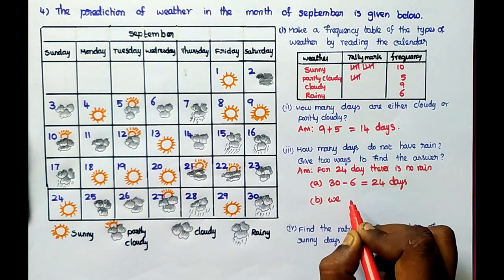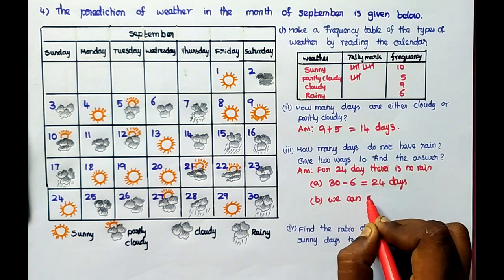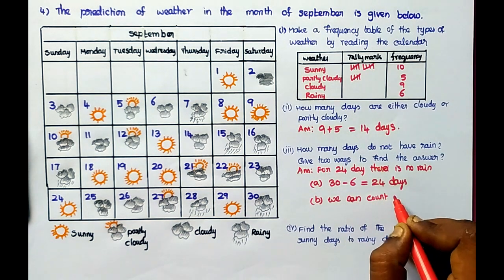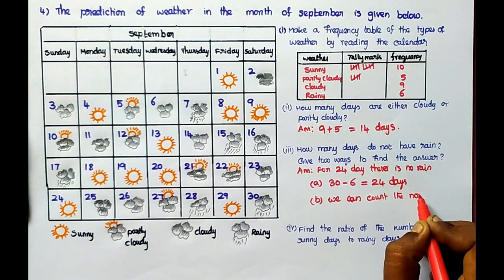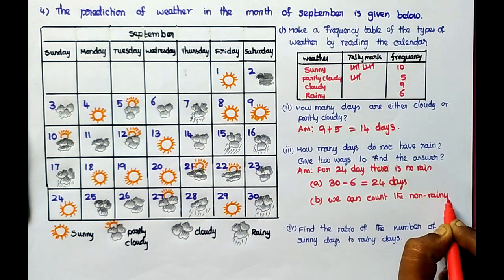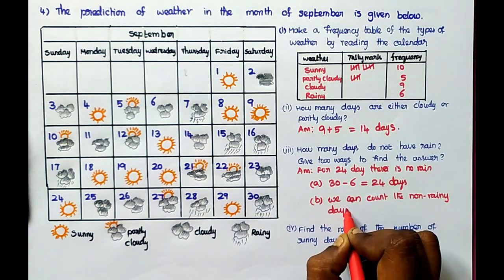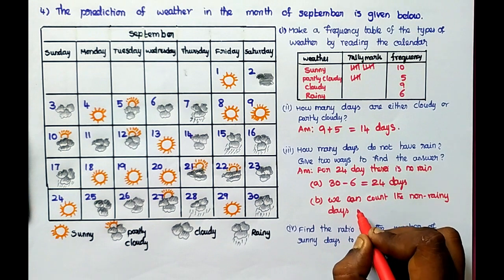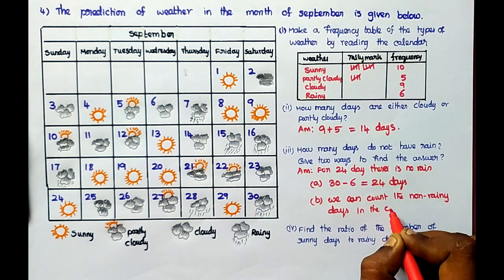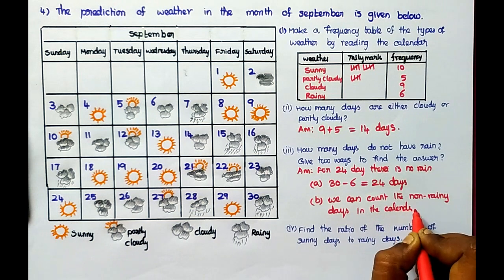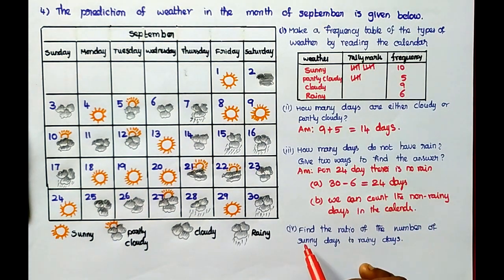We can count the non-rainy days in the calendar. That is the 2 ways.